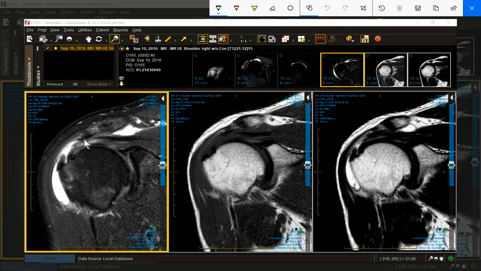Now this structure right here, which is often confused with a spur, that structure is the coracoacromial ligament. It's thick. That is not a spur.